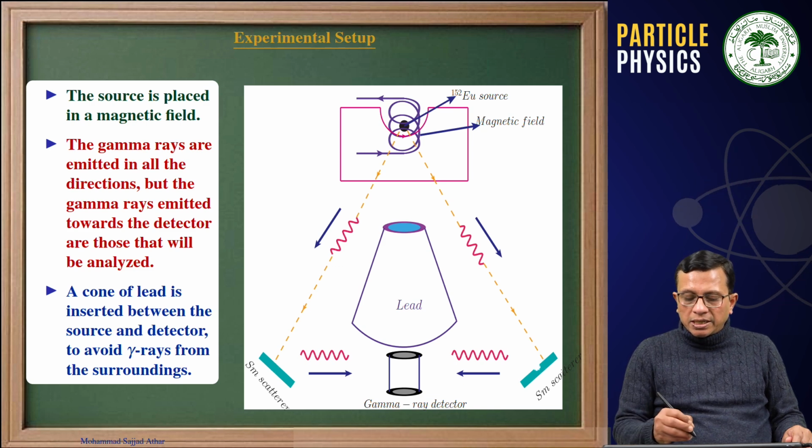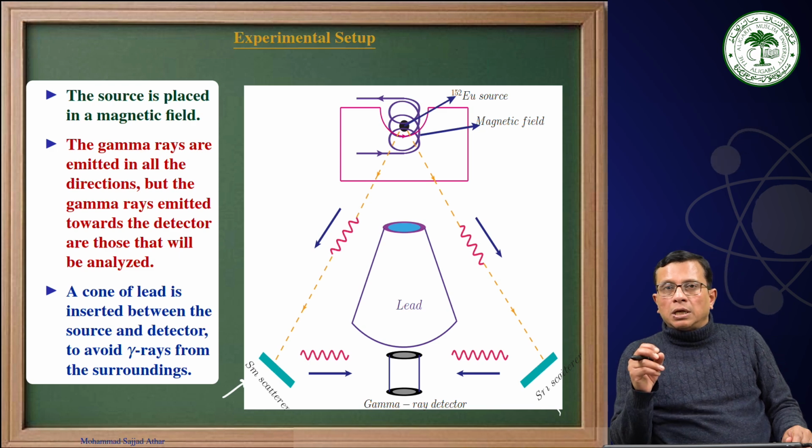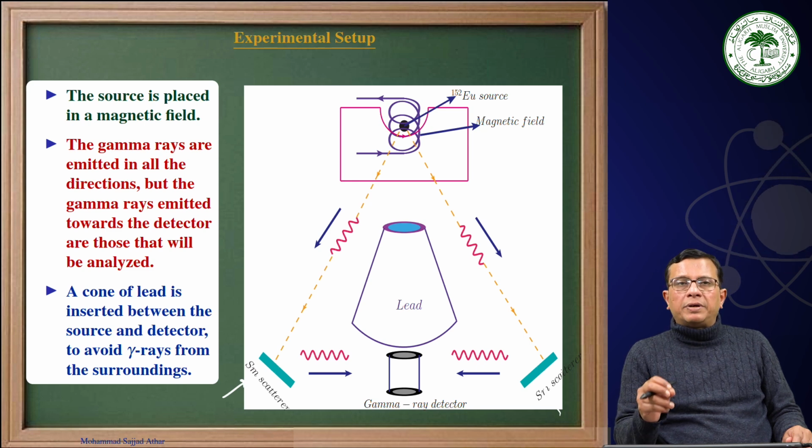Then at these two ends, which have been shown here, samarium scatterers were placed to have resonant scattering. That means, why we talked about samarium star being in motion, and therefore the photon that will be emitted will have kinetic energy slightly more than 960 keV.